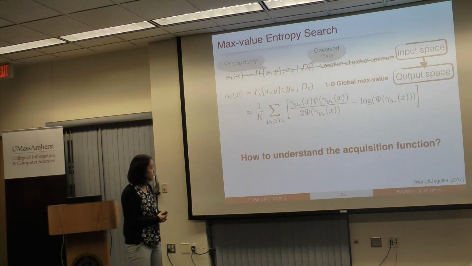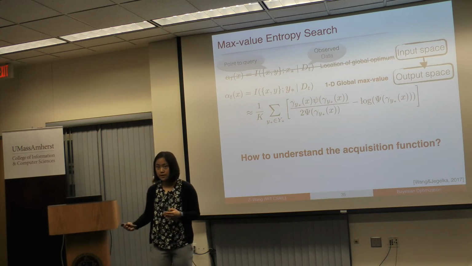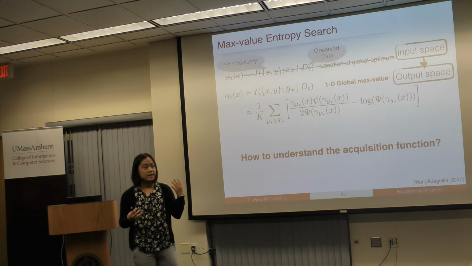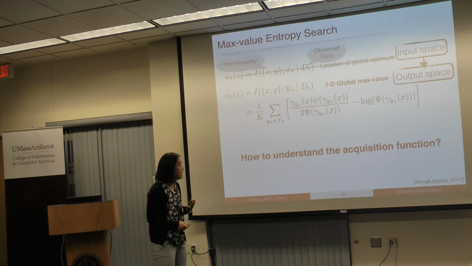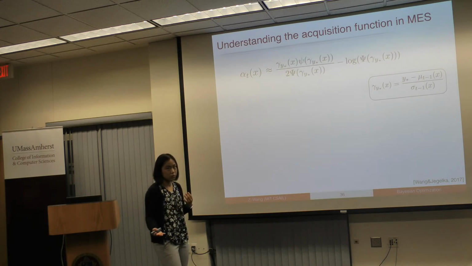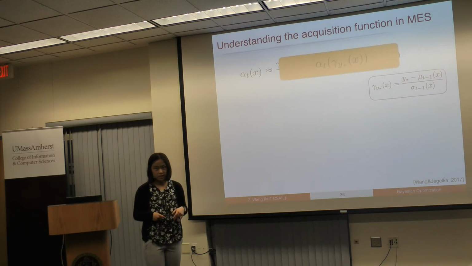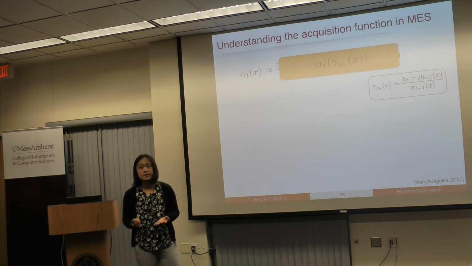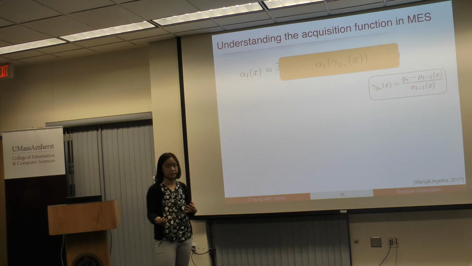And then now the second question is how we can understand this acquisition function. And in particular, why having just one sample of y star is already giving us very good performance. So we're now looking at the case where we just have one sample of this y star. And what we can observe from this particular expression is that it's in fact just a function on the gamma y star of x.